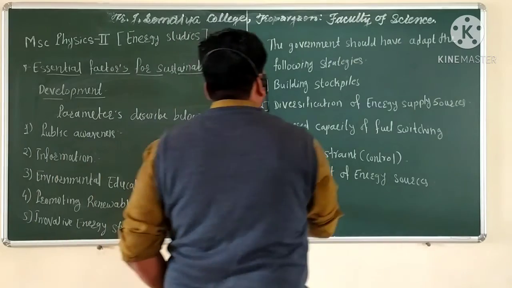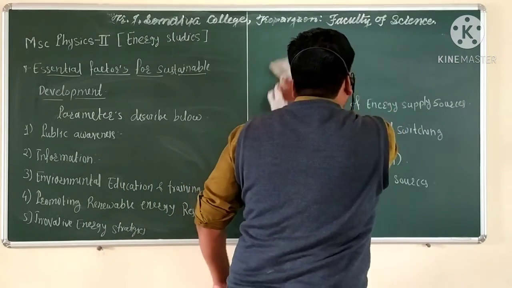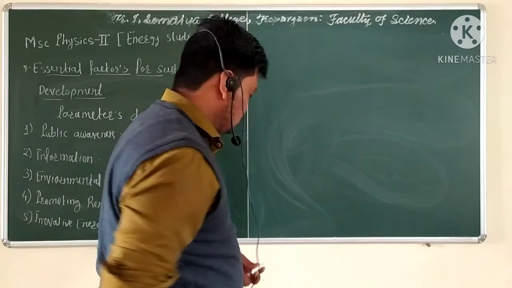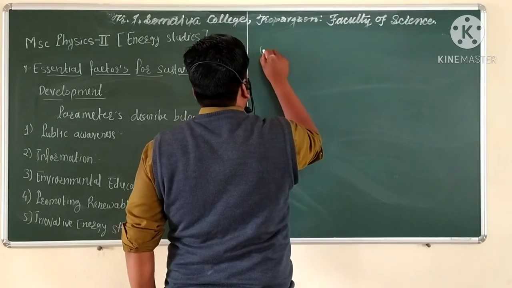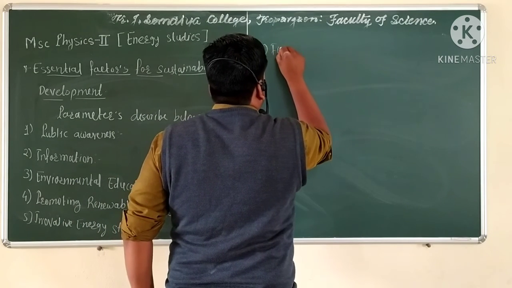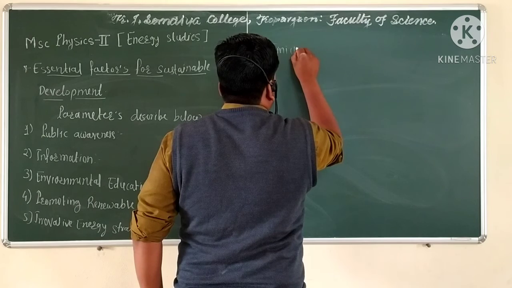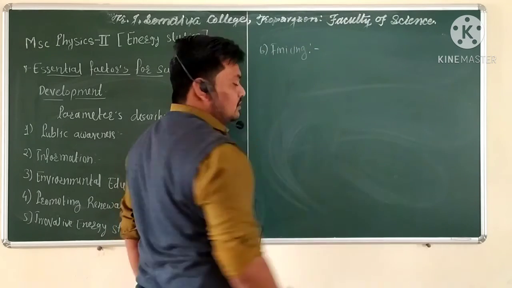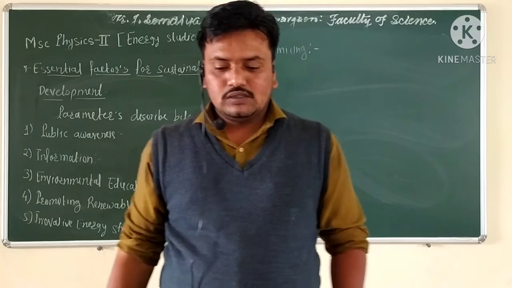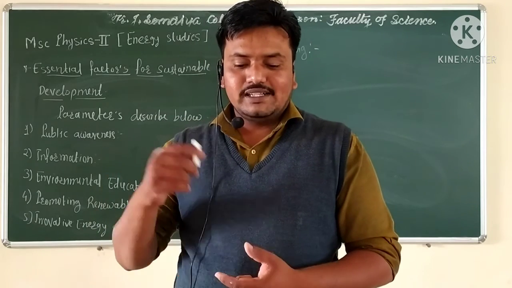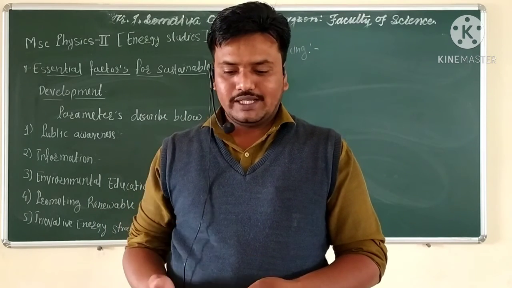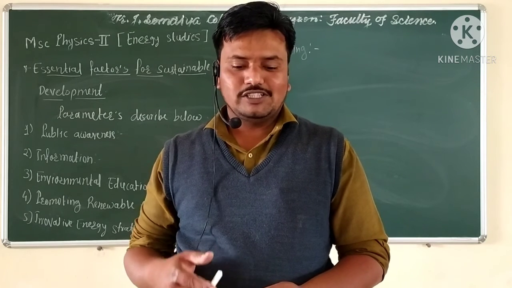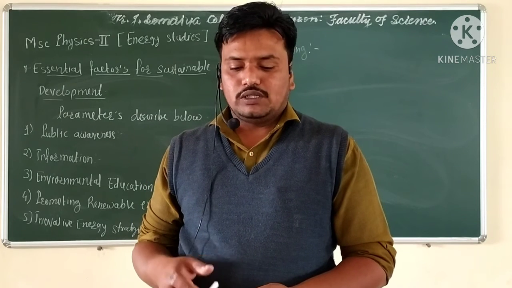The next one is financing. This is the next parameter of sustainable development, number 6, known as financing. It depends on accelerating the implementation of renewable energy systems and technologies for the sustainable development of energy resources in the country.